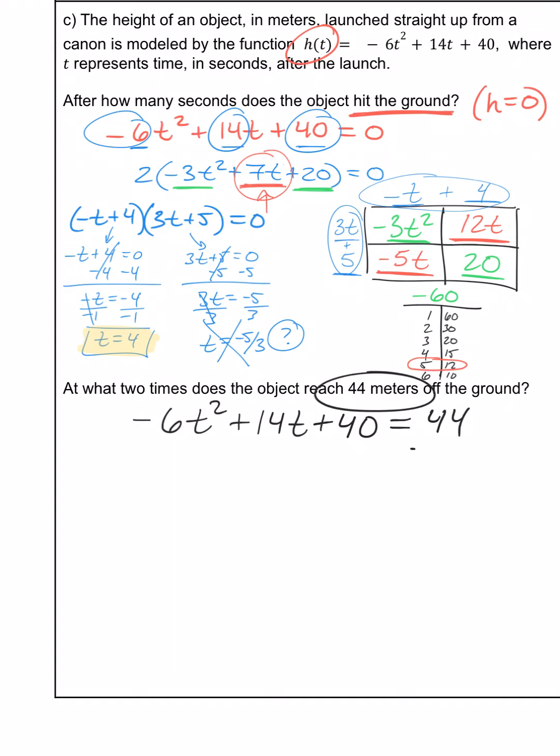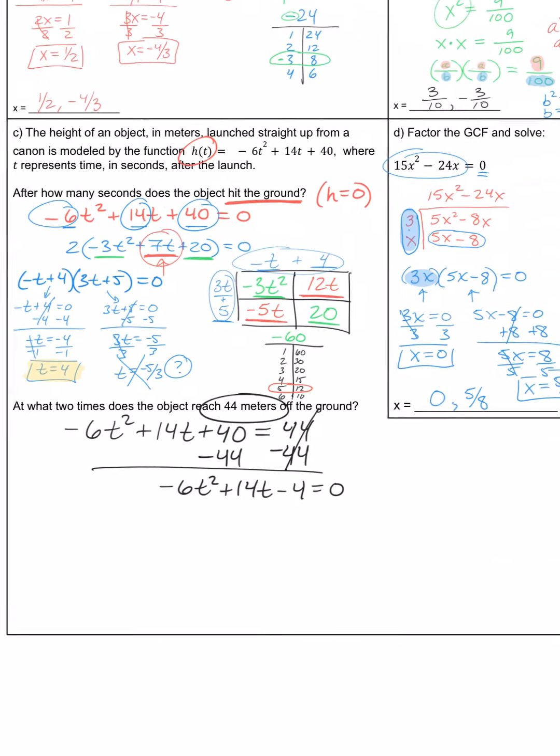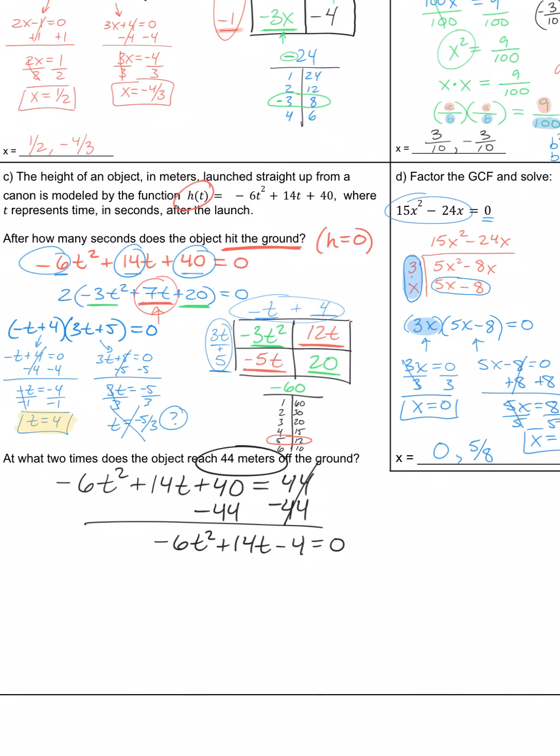So here's what we're going to do. We're going to subtract 44 on both sides. And now look, we have negative 6t squared plus 14t minus 4 equals 0. We want to solve this. Again, what we might want to do is factor out a GCF.